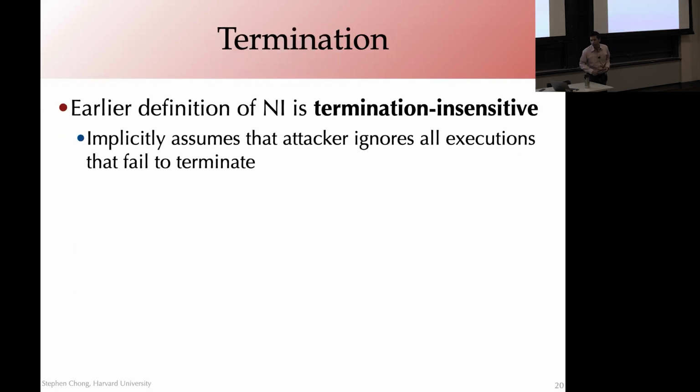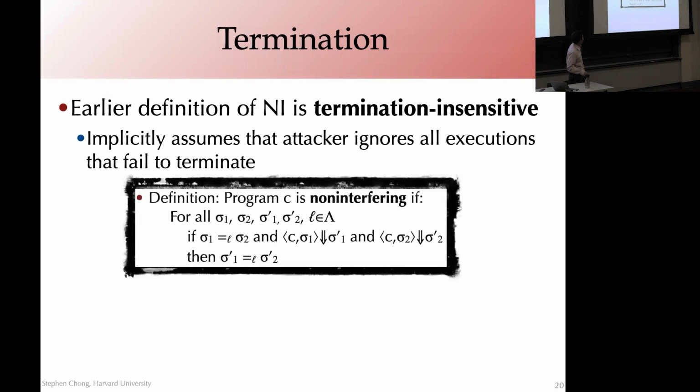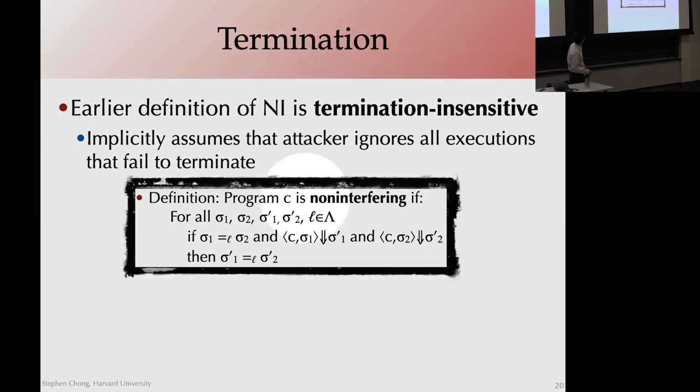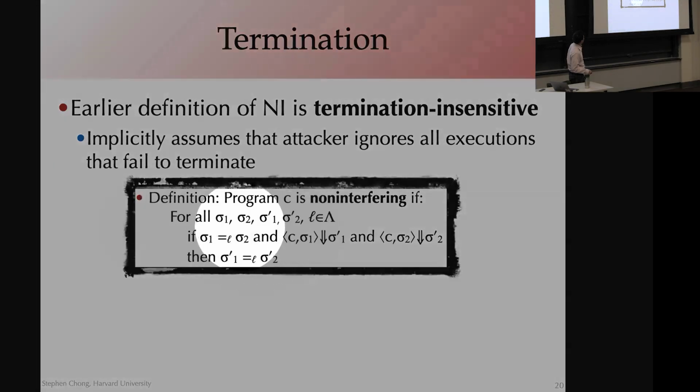Now, we already talked about the idea that we might reasonably expect an attacker to observe whether or not a program terminates or diverges. Our previous definition of non-interference is what's known as termination insensitive. If we look at that definition, essentially what's going on is that in our precondition, we were restricting our executions only to the terminating executions, right? That is, we require that C1 in sigma 1 executes and terminates producing sigma 1 prime.